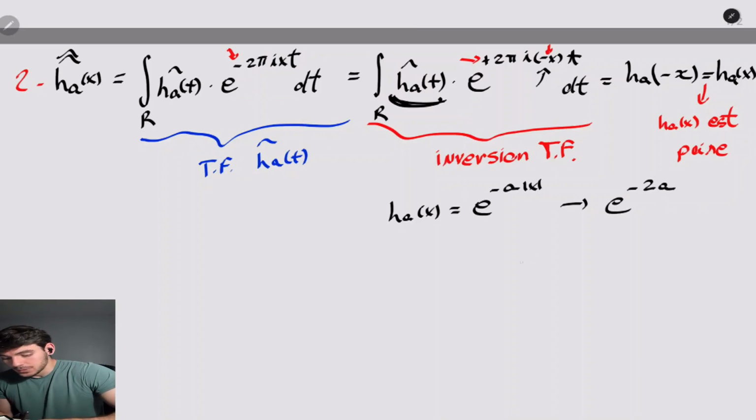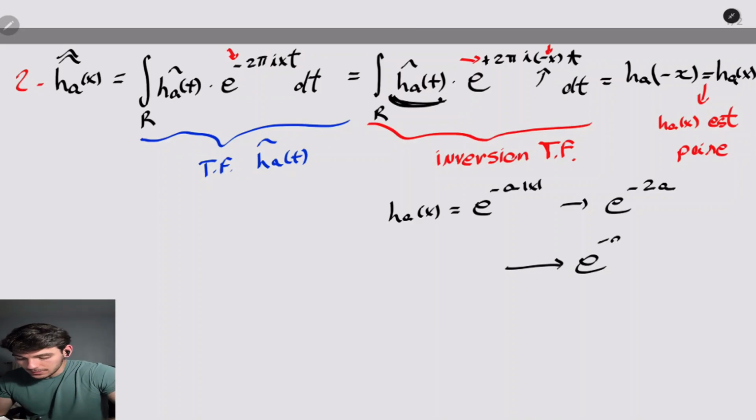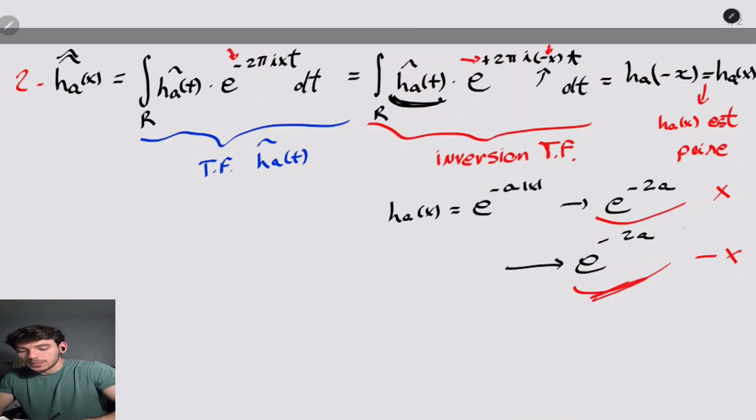And now let's suppose we have x as minus 2. So we'll have exponential of minus a modulus of minus 2. Modulus of minus 2 is 2, so we'll have minus 2a again. So you can see that if you choose x or minus x, you have the same value of the function. That's the definition of an even function.